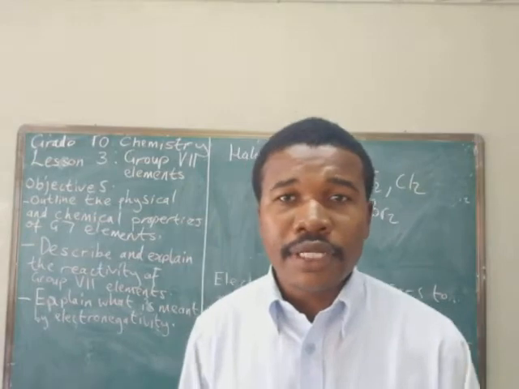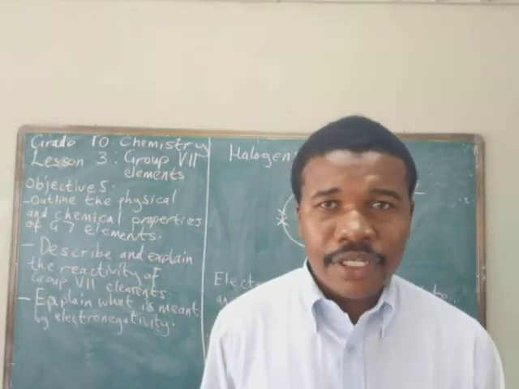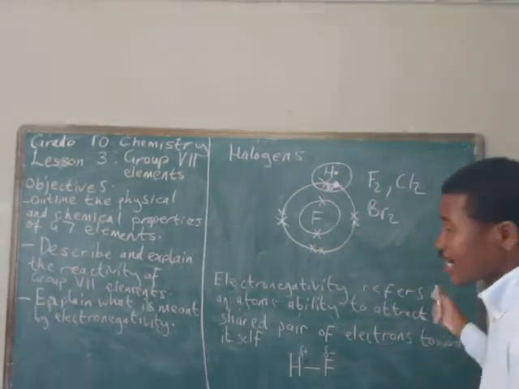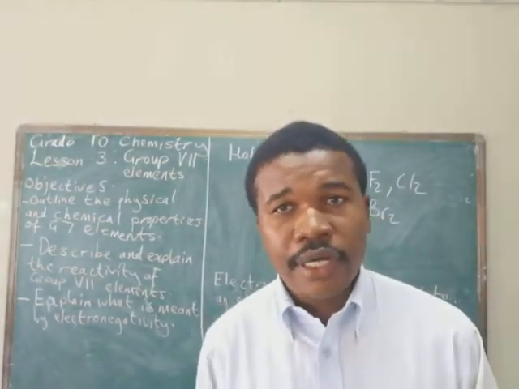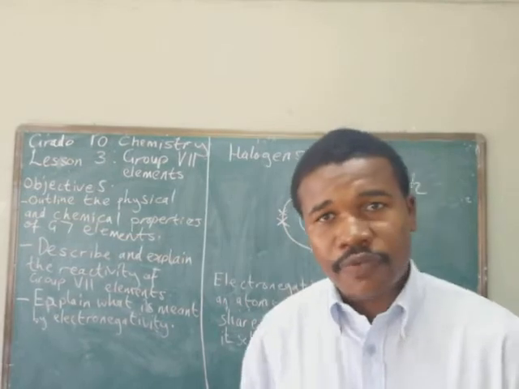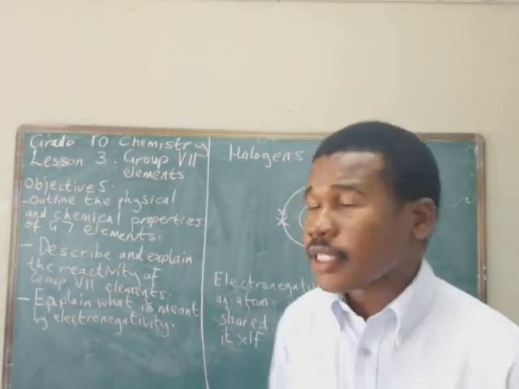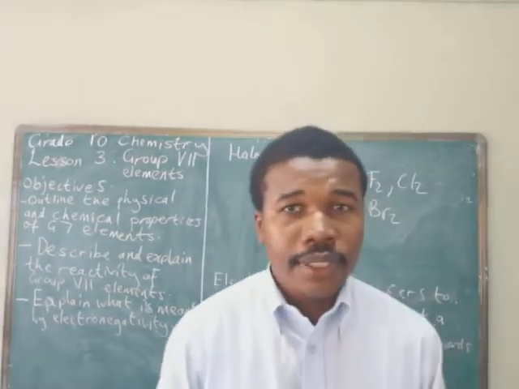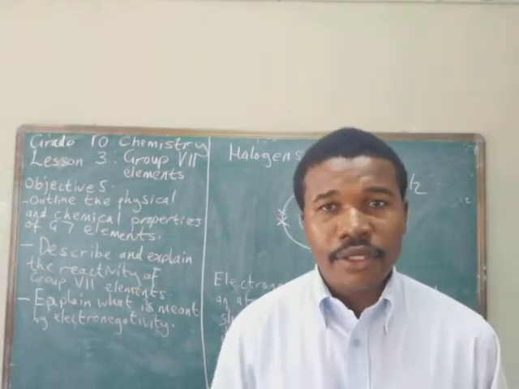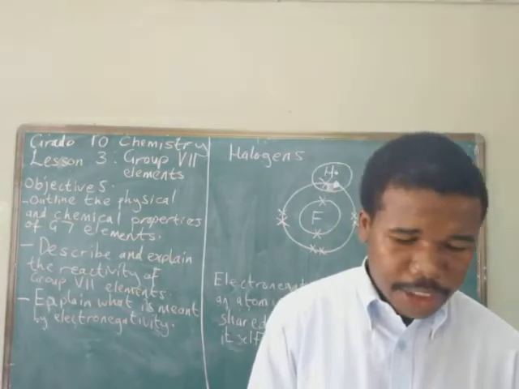All the other non-metals are actually gases, or they are solids, right? So if you think of sulfur, it's a solid. If you think of carbon, it will be a solid. If you think of oxygen, it's a gas. But bromine is the only liquid non-metal at room temperature and pressure.